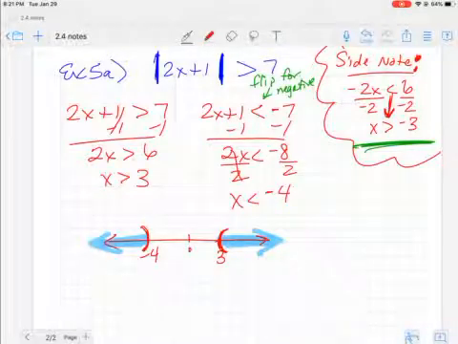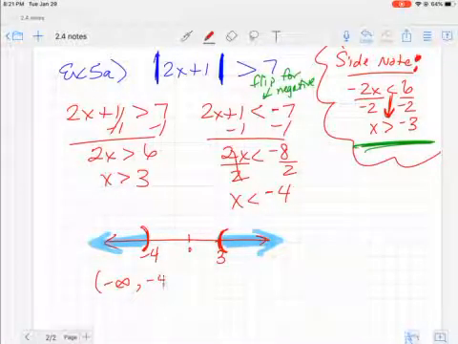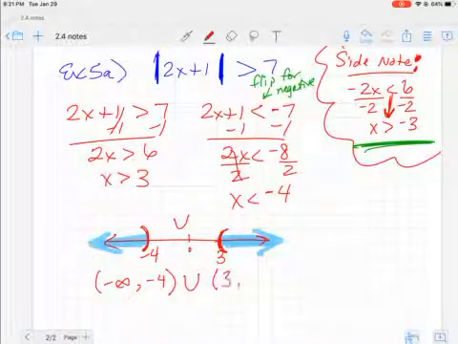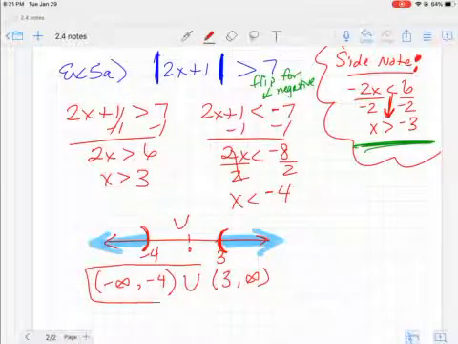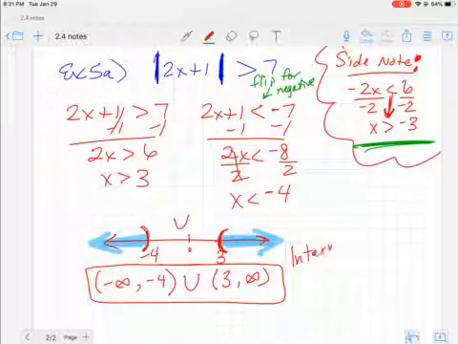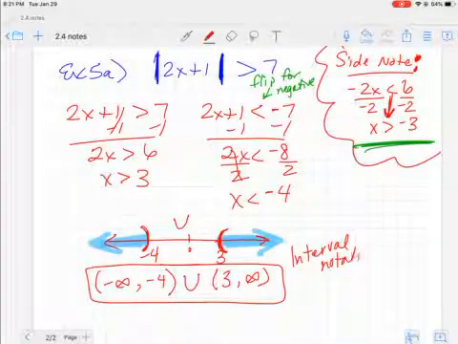Here I'm going from negative infinity because it's going in that back direction, so from negative infinity up to negative 4, parenthesis. When you jump between two values, you do the union symbol, right? You're doing the union because I'm connecting these two pieces. And then parentheses from 3 to infinity. And there you have it set up with interval notation in order to write out your solutions.